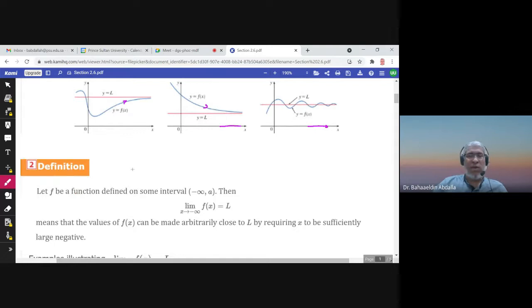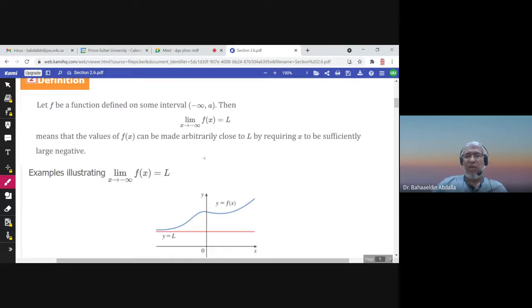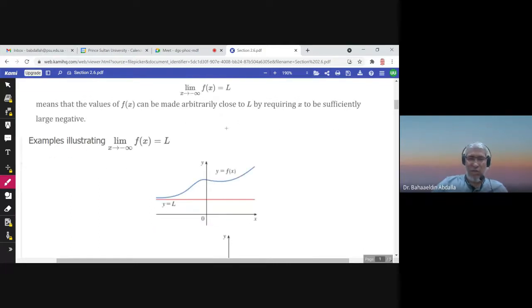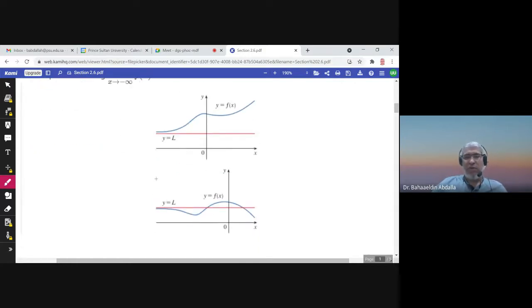Also, when we say that the limit of f of x when x approaches negative infinity is capital L, we mean that when x takes sufficiently large negative numbers, f of x will become very close to the number capital L. Look at these two graphs.